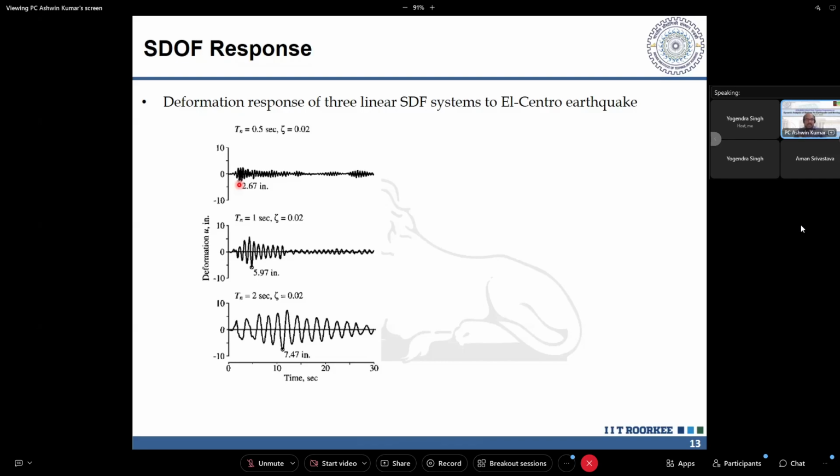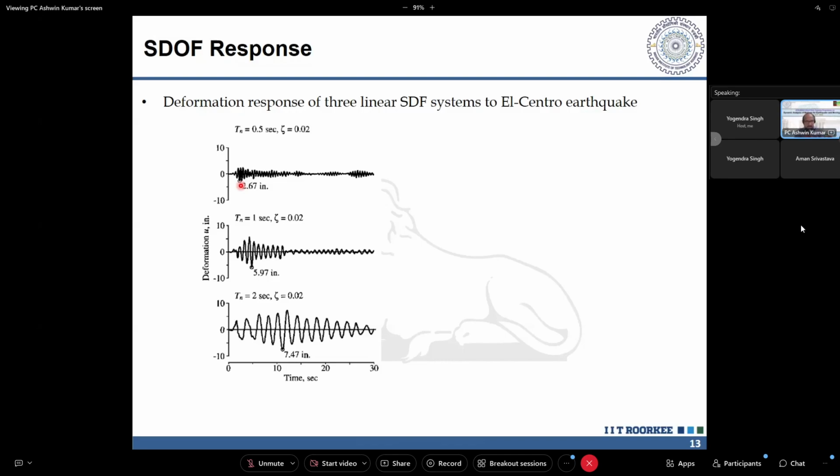So rather than applying an increasing frequency to the shake table, we are applying the natural ground motion, the recorded El Centro ground motion, to the base of the shake table, and we are recording the displacement time history, or deformation time history, of the system, and we are finding out what the peak value is. This 2.67 inch that you see here is the peak response of the single degree of freedom system when it is being subjected to a ground motion, and the system is a linear system having a constant damping ratio.